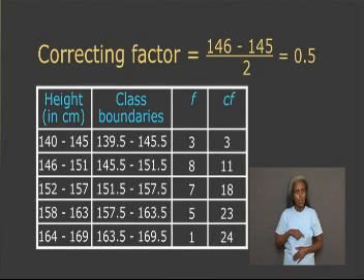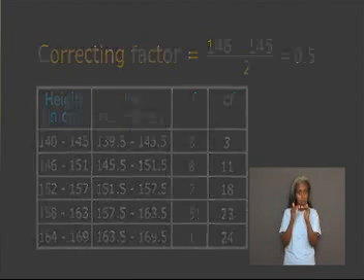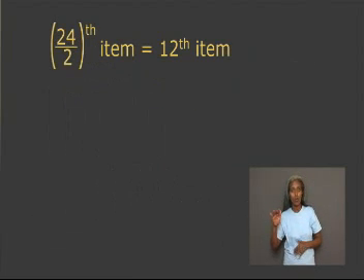Now we can prepare our table. The median class contains the item that is equal to 24 over 2, which equals 12. Therefore, it is in the third class.